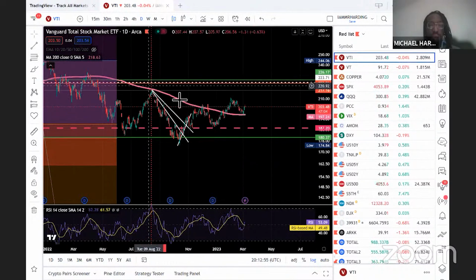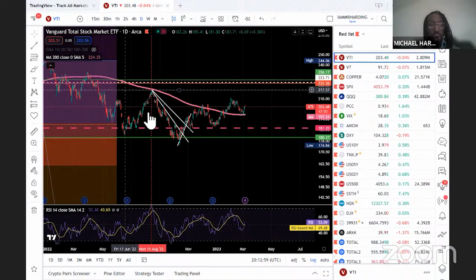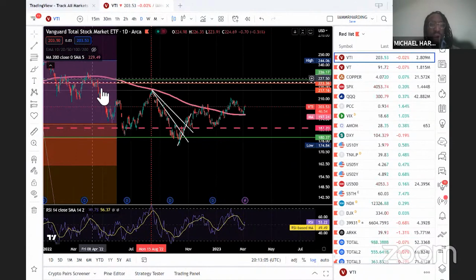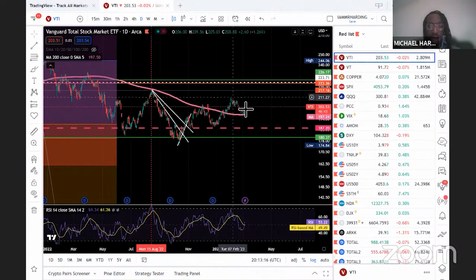So we can see what tends to happen is when the price goes below the 200 MA, it tends to stay below it for a while. And that's normally a negative sign. Now, if the price goes above the 200 MA, that's normally a really positive sign. And we can see that right here. The price is just boom, like that.